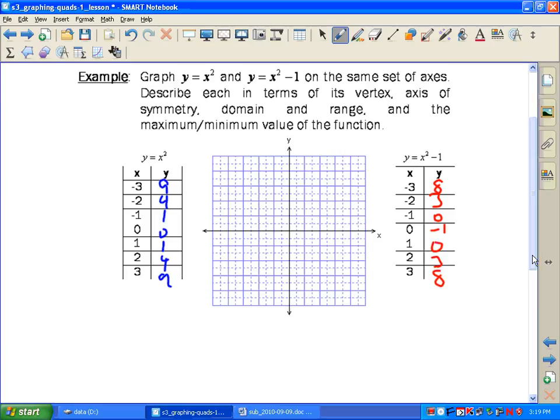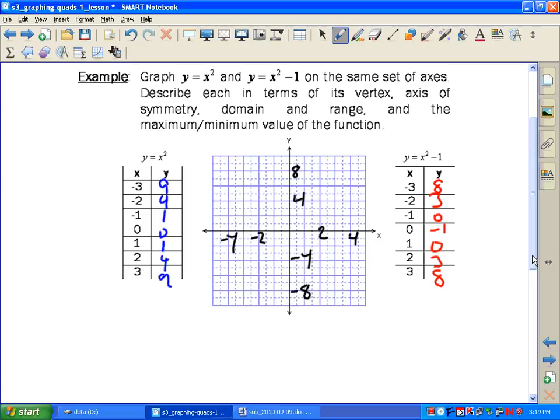So now when we're making our scale, let's say that's 4, that's 8, that's negative 4, that's negative 8, and as far as the x's go, we'll say that's 2, that's 4, that's negative 2, that's negative 4.